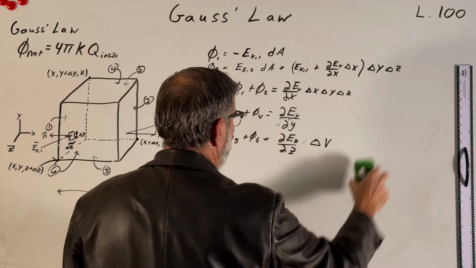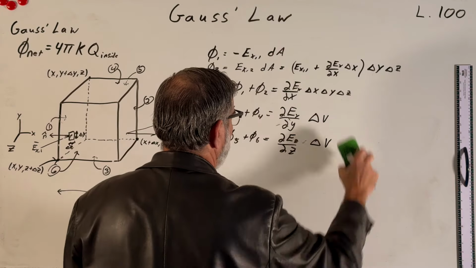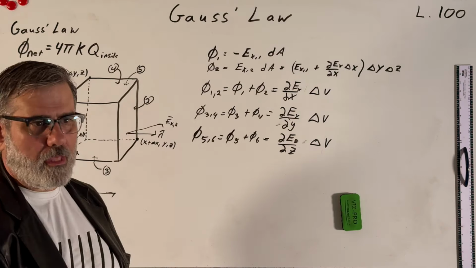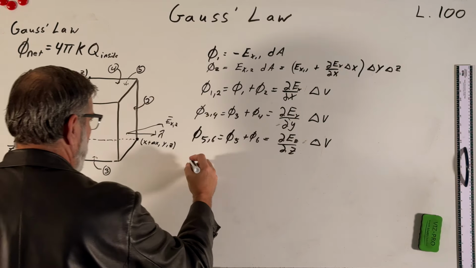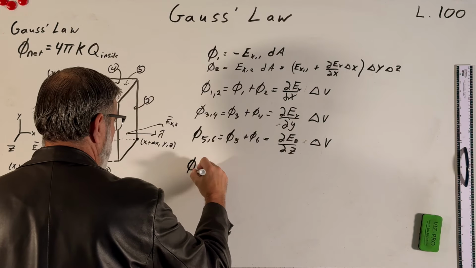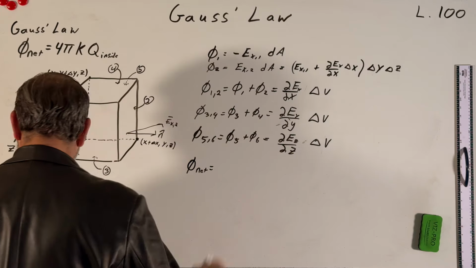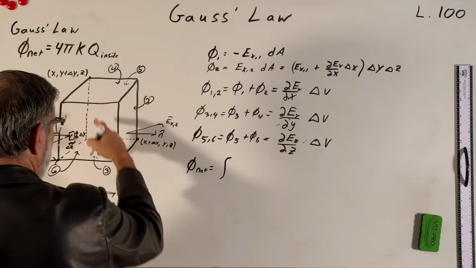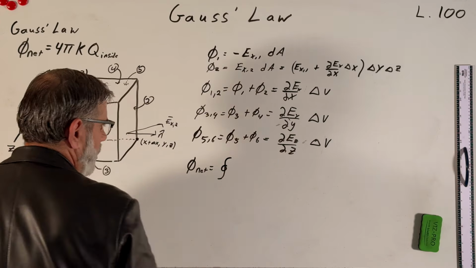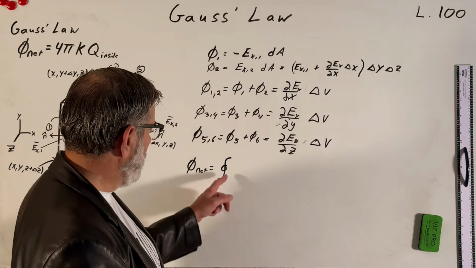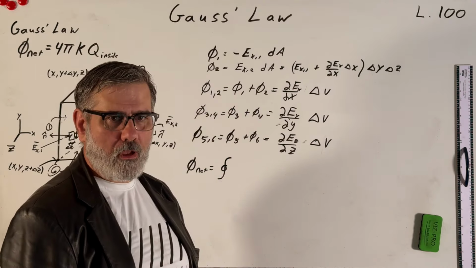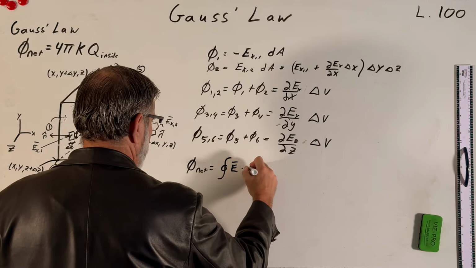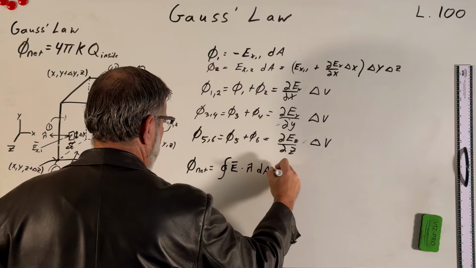right? That's the change in volume. Why volume? Because we have three spatial variables, right? That's a little delta V. And the total net flux is then equal to, well, one way to write it for a closed surface, as we've done here, is to write an integral, which is that continuous sum, and put a circle around the integral sign. That means a closed surface, okay? And of course we have the E dot n dA.